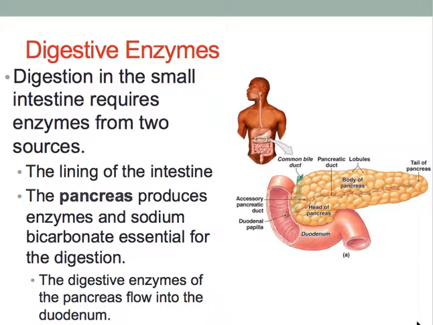The pancreas produces enzymes that are really important for digestion. Here is a picture of the pancreas. It sits right below the stomach, at the beginning of the small intestine. That's the pancreas, a place that produces enzymes that are important for digestion.